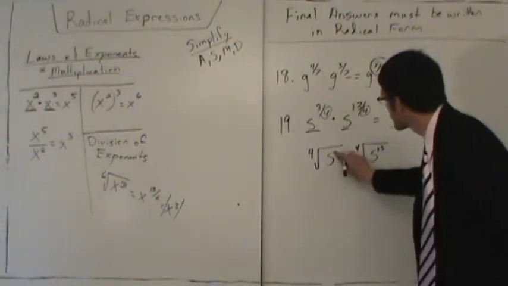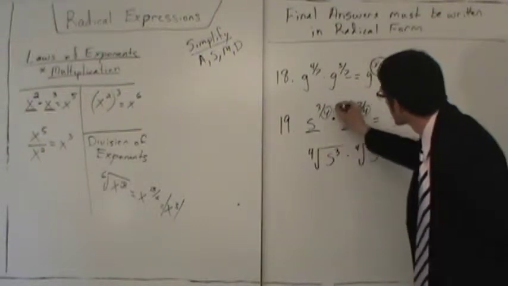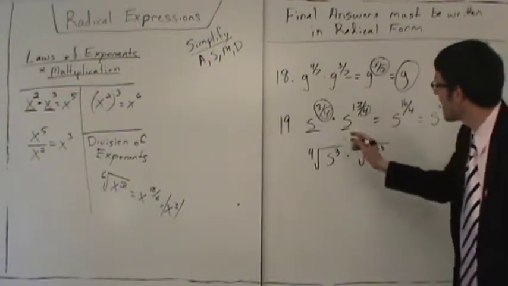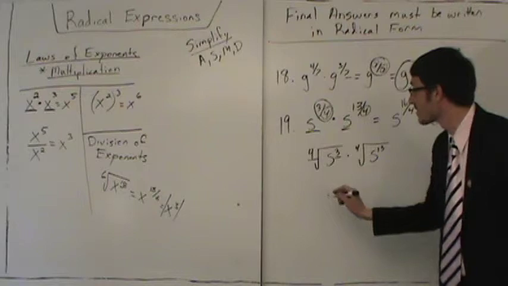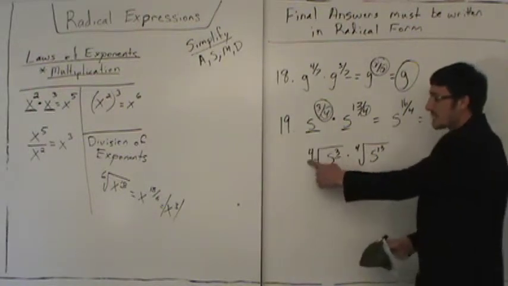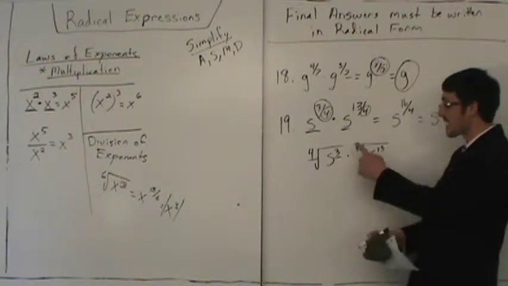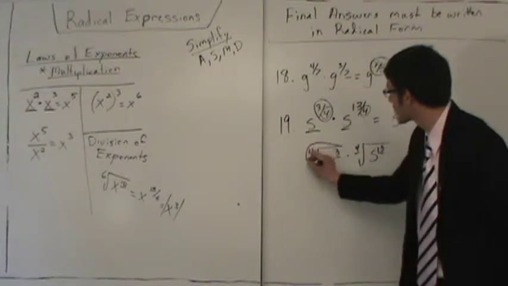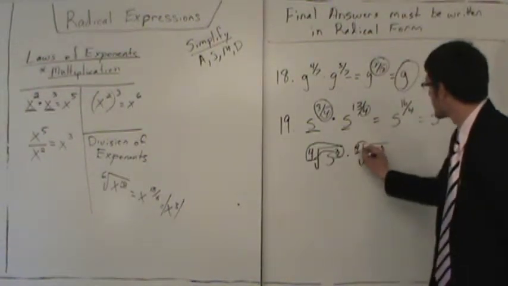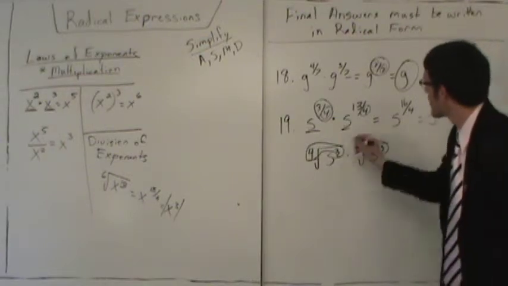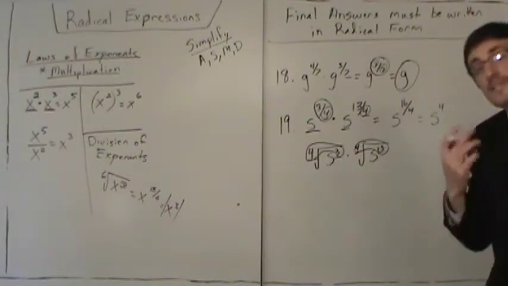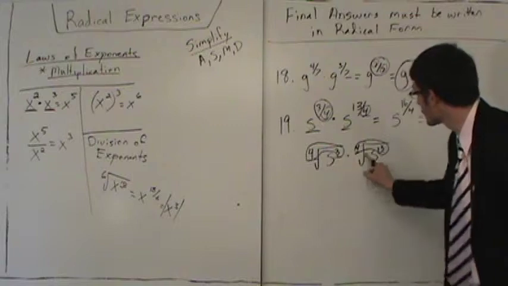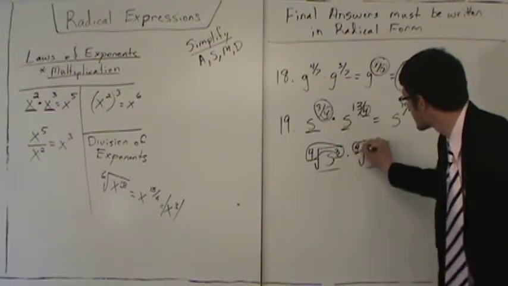Now notice that we're looking at 3/4 power. Can you see 3/4 here? So you should be able to see a fraction 3/4, and you should be able to see a fraction 13/4. Notice, when we add fractions, 3/4 and 13/4, remember that the denominator must match. So another way of saying this is that in order to multiply radicals, what has to match?